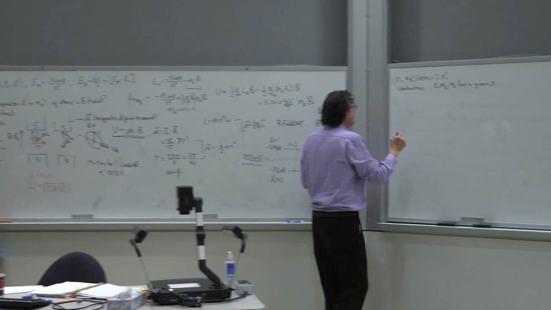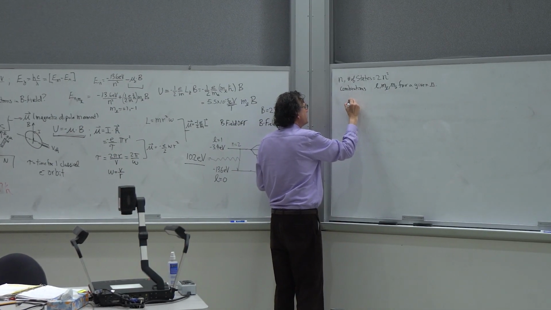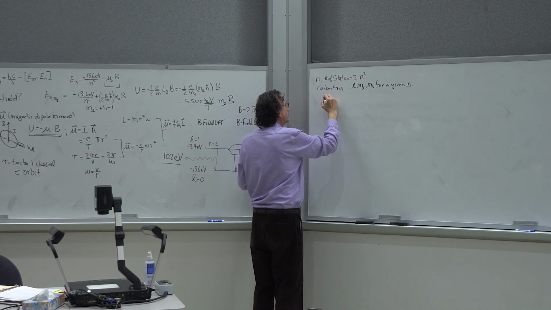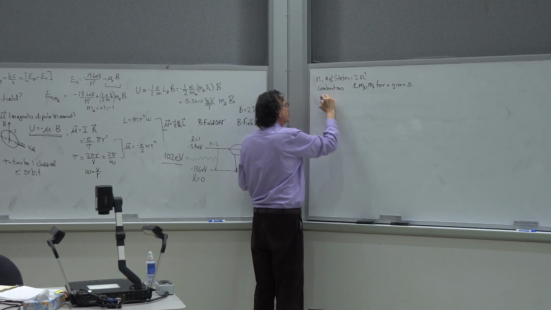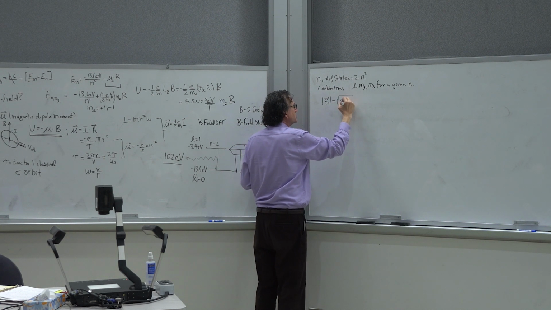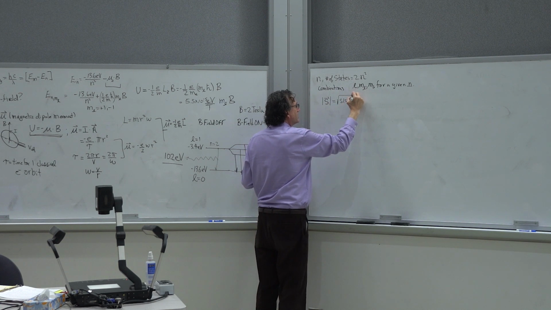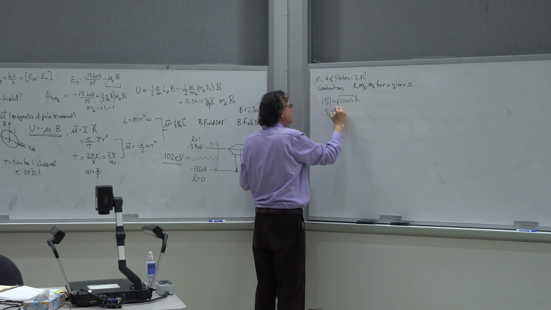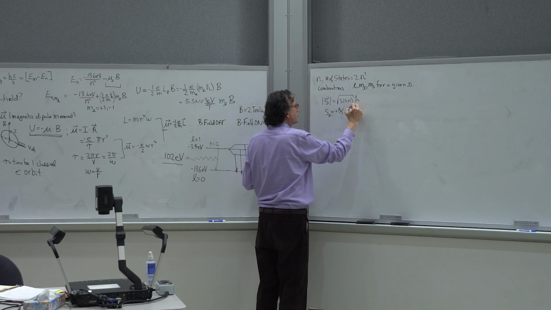First of all, the spin angular momentum S, we call it the spin vector, has a magnitude equal to the square root of S times S plus 1 times h bar. And the z component of spin angular momentum can be equal to plus h bar over 2, or minus h bar over 2.